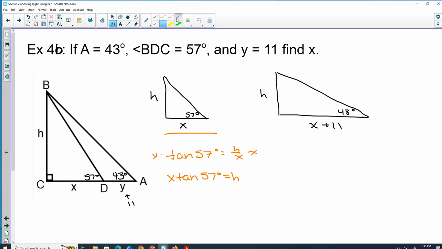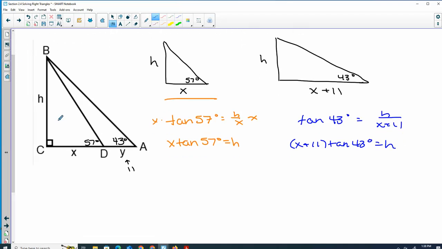We're stuck here because there are two variables. If I go to the other one, tangent of 43 is H over X plus 11, so I multiply by X plus 11. Now both of these are equal to H, so they have to be equal to each other.